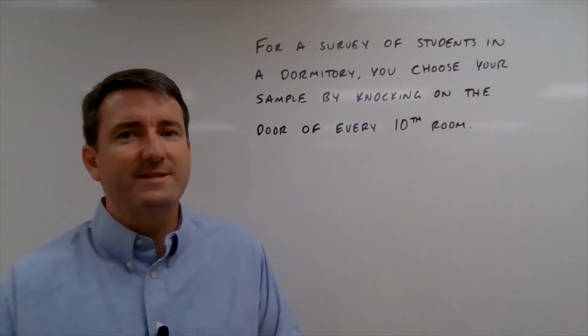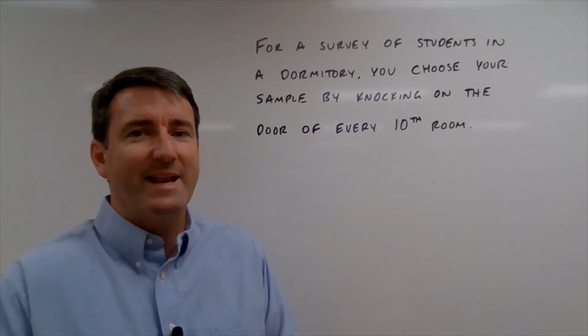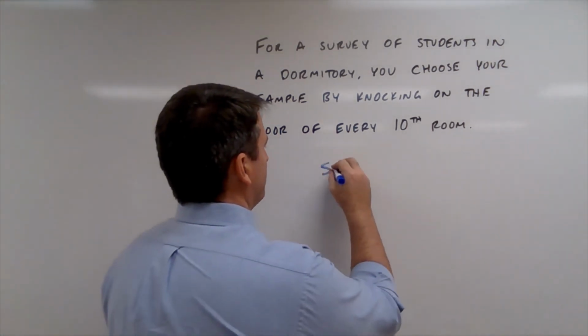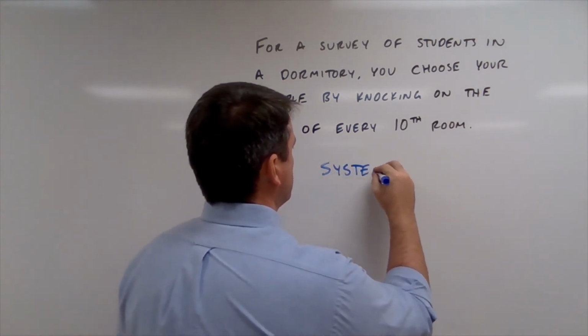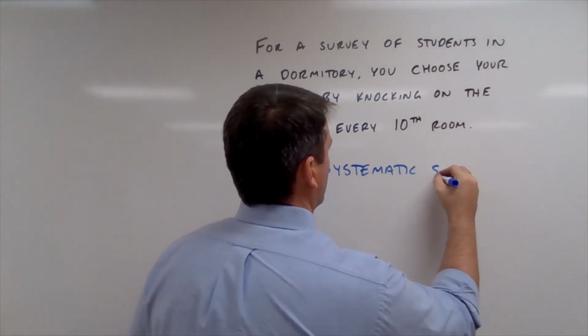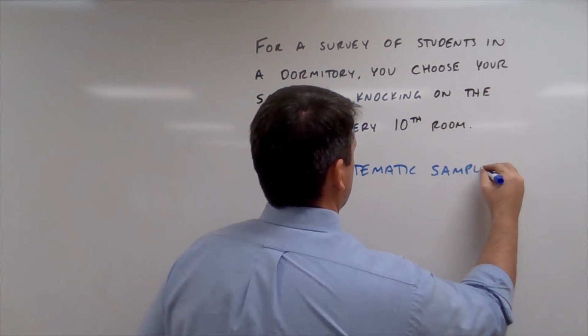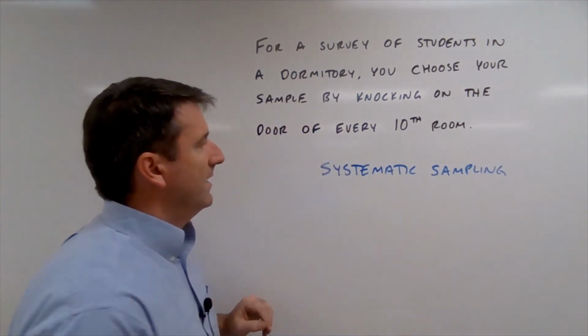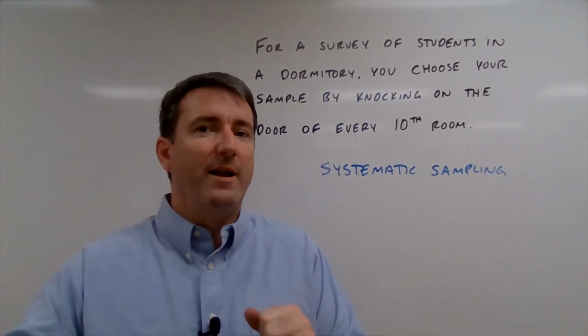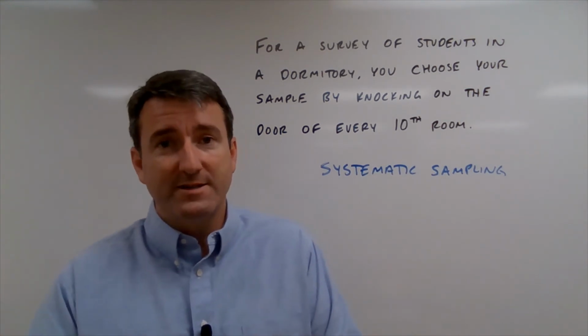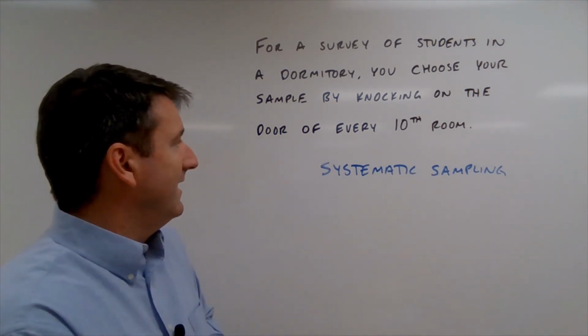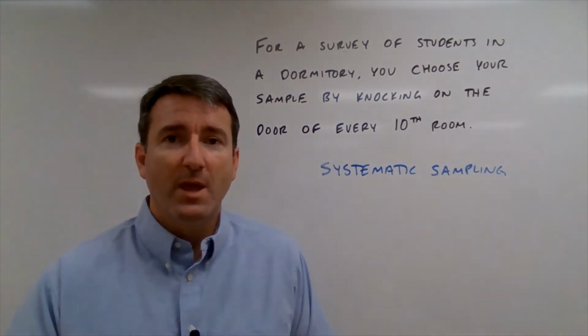First of all, this is going to be an example of systematic sampling, because we've got a system. We're knocking on every 10th door, and that's our system, so it's going to be systematic sampling.